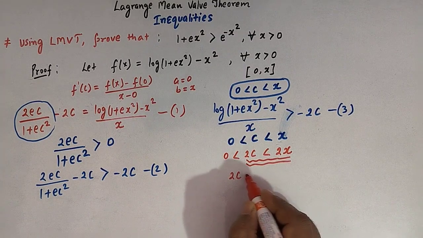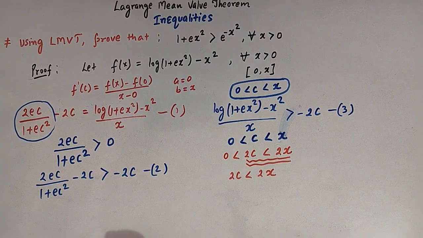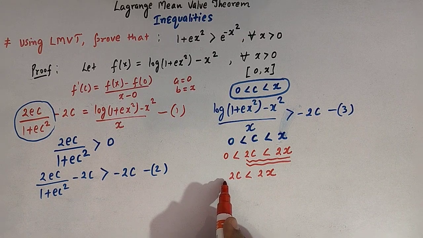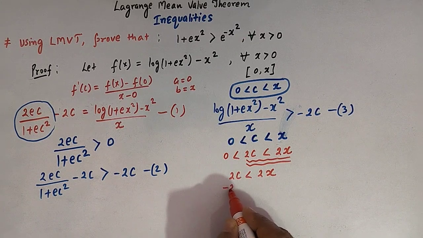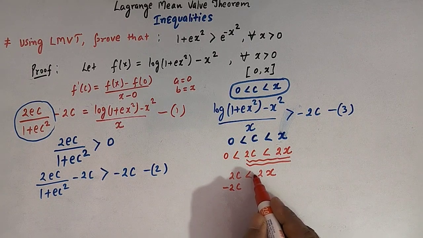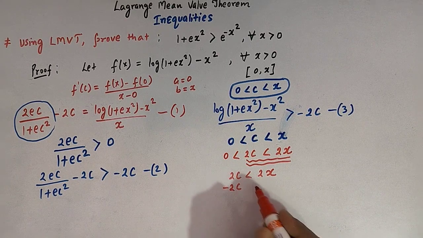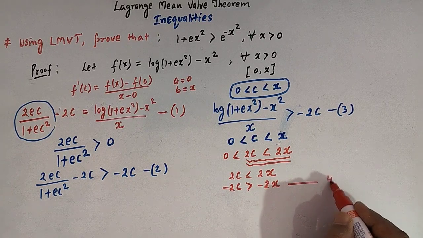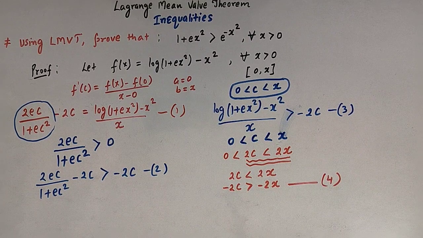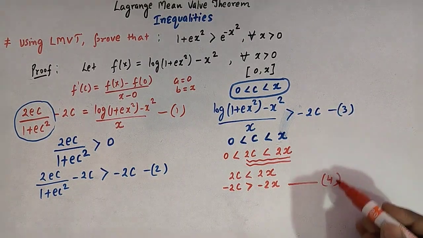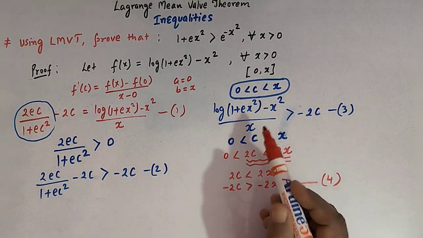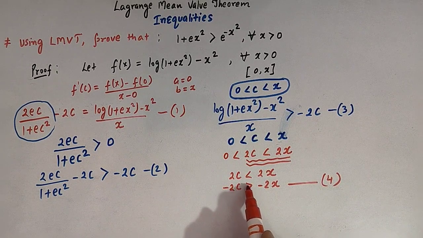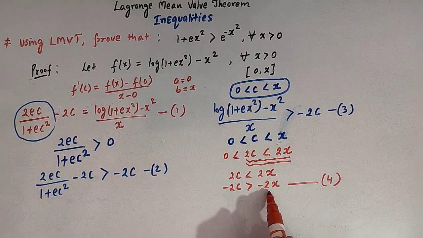Now let us take this inequality. So we have 2c less than 2x, right? Now let us multiply both sides by -1. So what we will get here, we'll have minus 2c, and the direction of the inequality gets reversed here, so we'll have minus 2x. So now we have inequality number 4. Now if we merge these two inequalities, see here this term is greater than minus 2c, and minus 2c itself is greater than minus 2x.